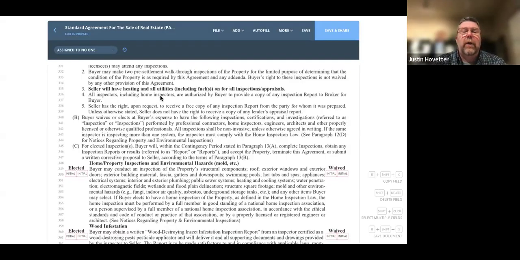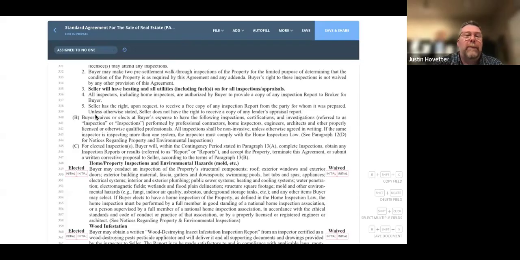All inspectors, including home inspectors, are authorized by the buyer to provide a copy of any inspection reports to the broker for the buyer. And the seller has the right upon request to receive a free copy of any inspection report from the party for whom it was prepared, unless otherwise stated. That's stated in other parts of this, that the buyer must provide that with their replies to inspection.